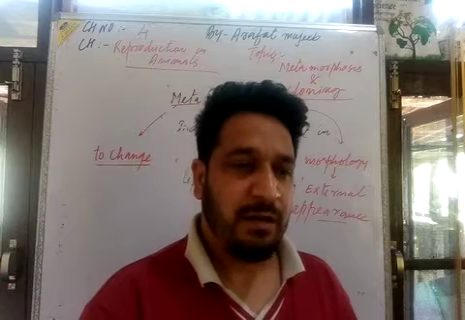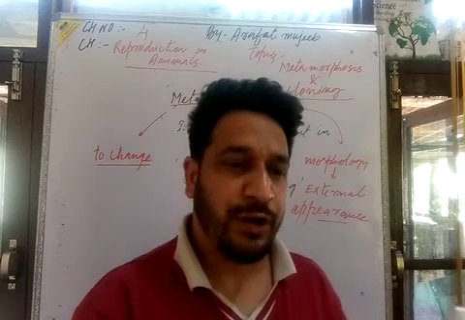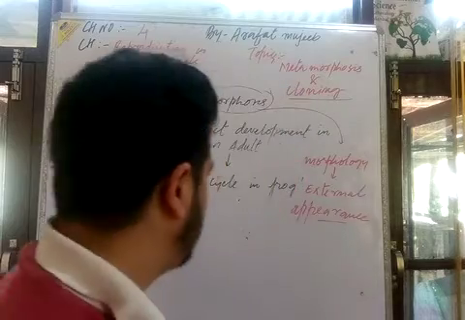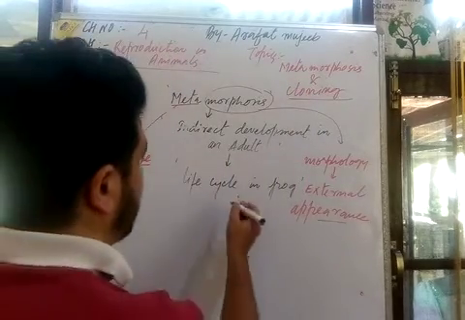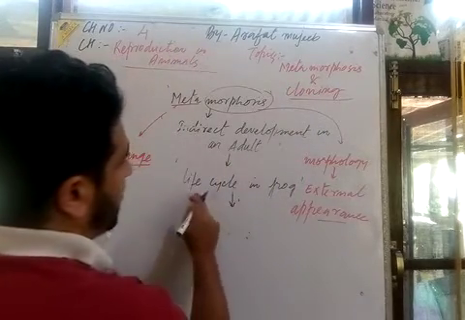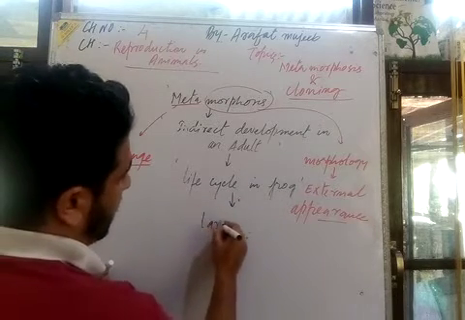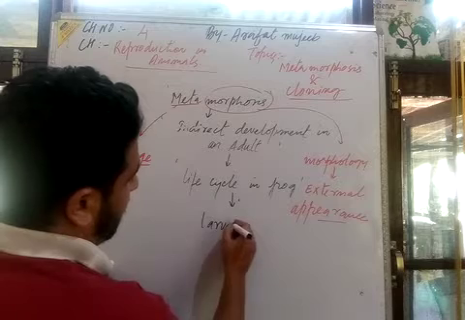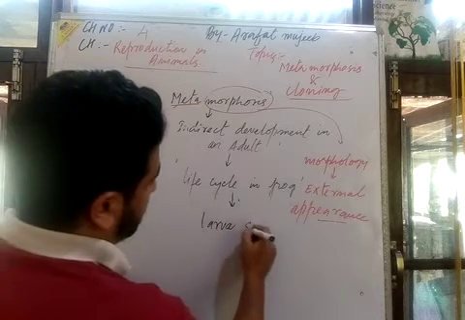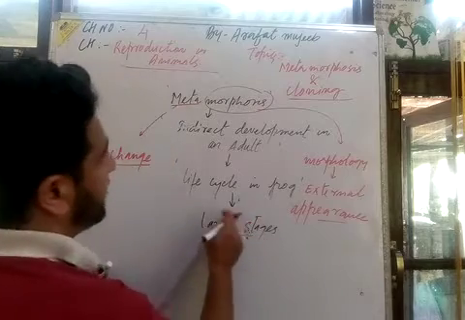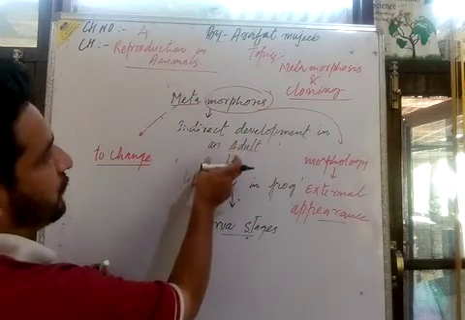That means metamorphosis occurs in organisms that have a larval stage. Of course, in the life cycle of the frog there are larval stages. When they have larval stages, then there is metamorphosis.